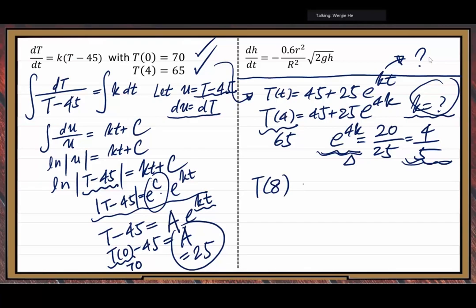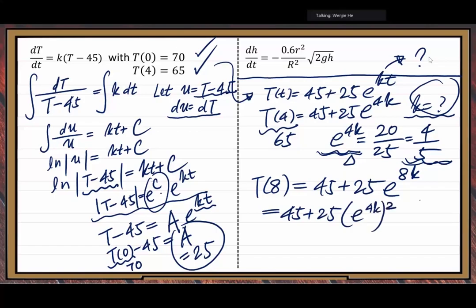What is the temperature at time point 8, 2 a.m.? T of 8 equals 45 plus 25 times e to the 8k, since kt with t equals 8 gives 8k. Then 8 equals 4 times 2, so based on an algebraic property, that is e to the 4k, squared.